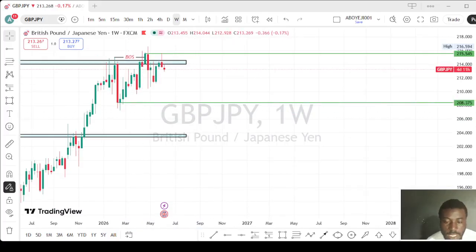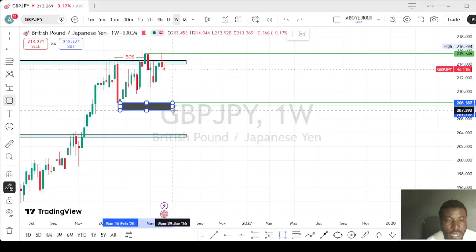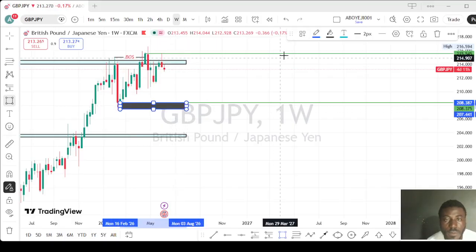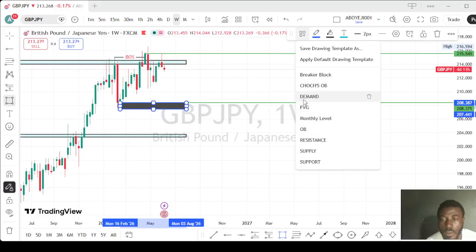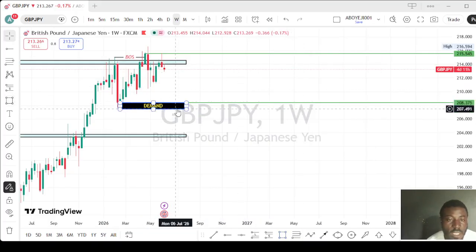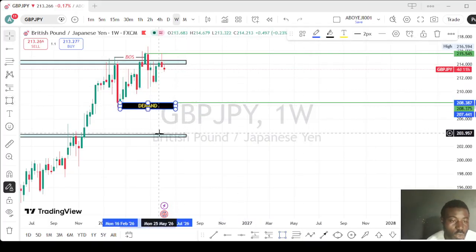As for me, this is a demand zone here on the weekly time frame. We are expecting the market to come to this demand before you can see a huge uptrend. But if this demand does not hold, definitely it's coming to this key level here because there's an FVG here.